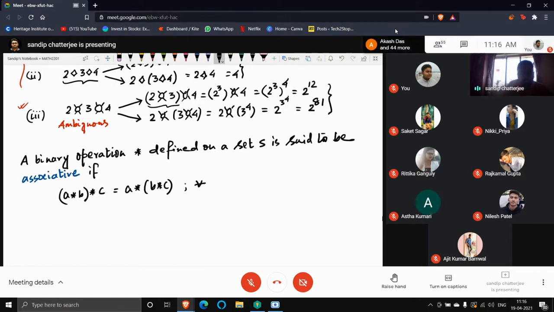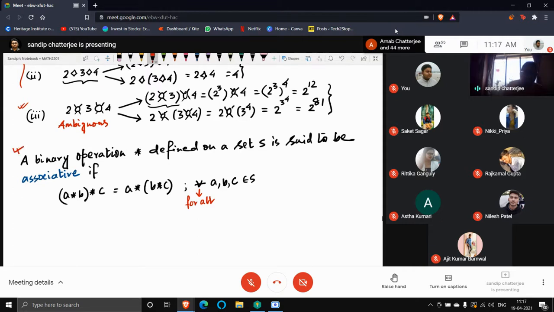Now this is important: this symbol stands for all A, B, C chosen from the set. This symbol, I hope you know, stands for all. So for every A, B, C, if I pick up any three elements A, B, C from the set, then (A star B) star C will be equal to A star (B star C).